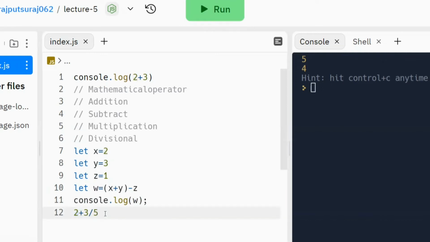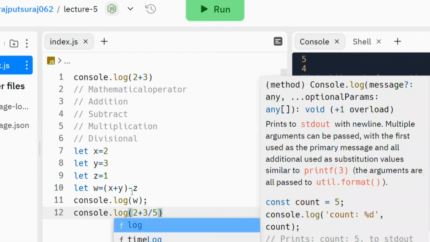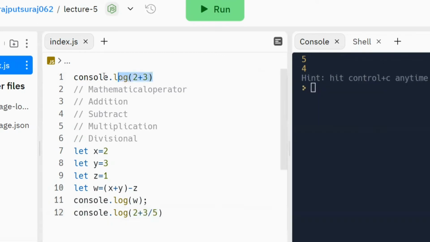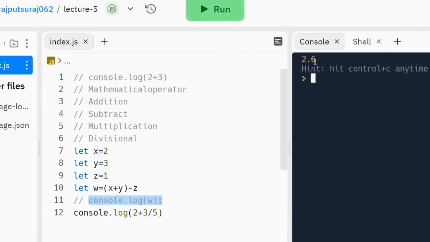If we write this in the console.log area, console.log(2 + 3 / 5), and comment out the other line, what will be the output here? You can see 2.6.